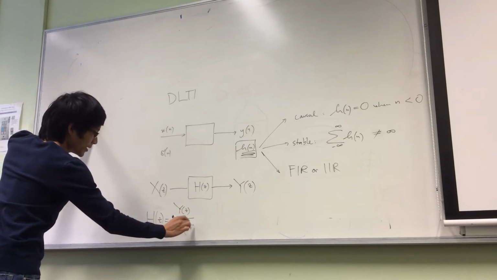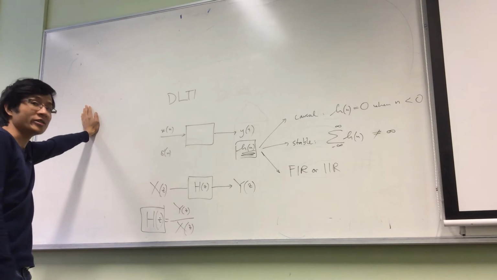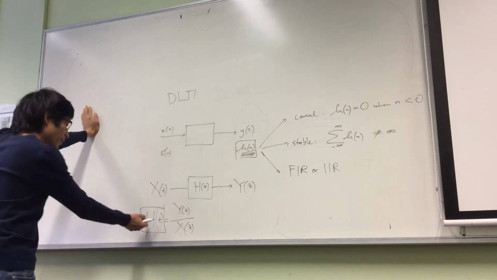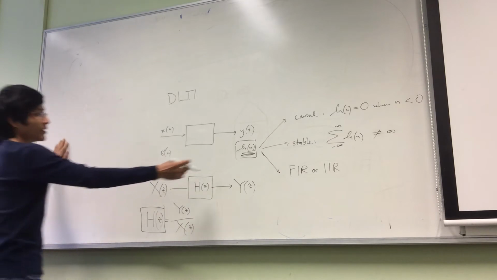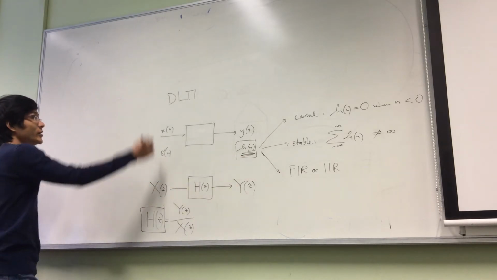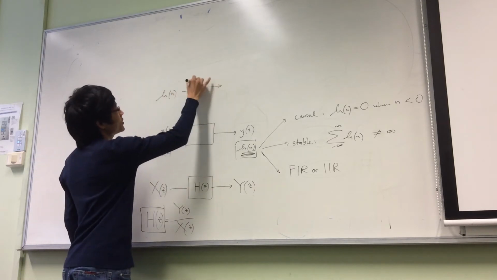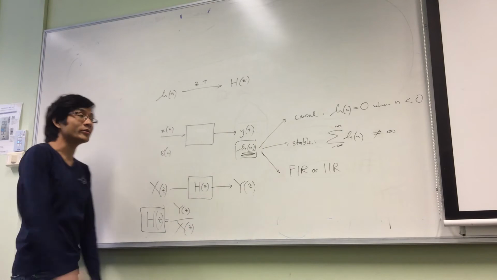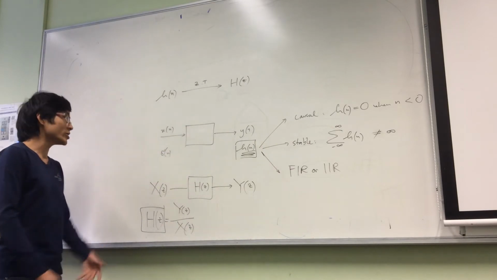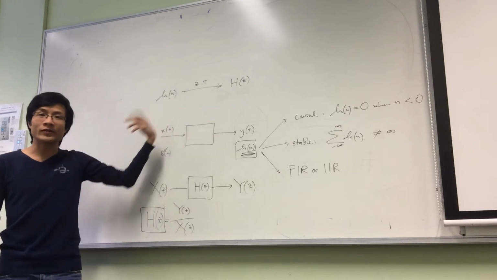H here is called the transfer function or system function. We can find it from this equation, or from the impulse response: if you take the impulse response and do a Z transform, you get the transfer function. One of the two ways.